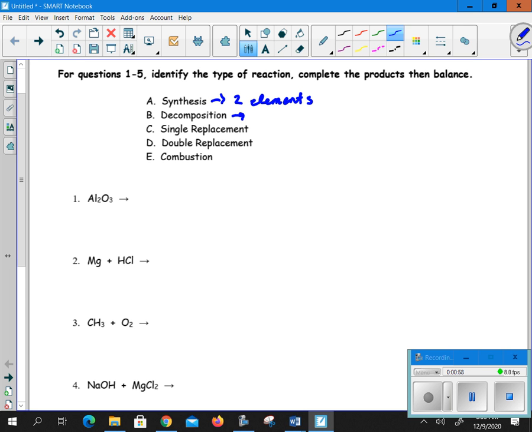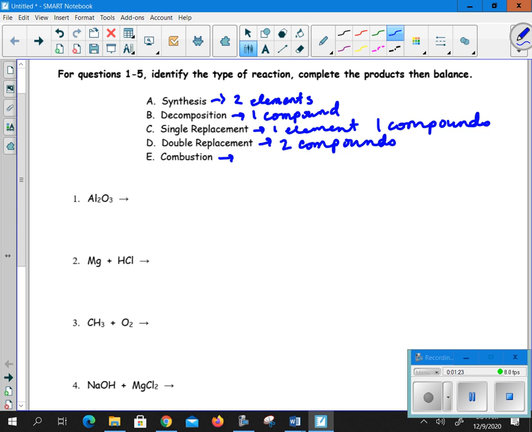Decomposition, though, is going to be one compound as the reactant. Single replacement will be one element and one compound as the reactants. Then double replacement will be two compounds.